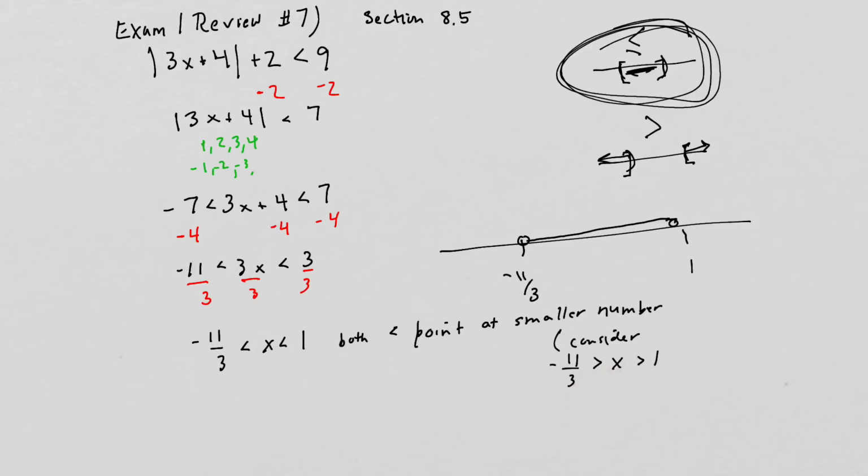Well, there are no x's that are smaller than negative 11 thirds and larger than 1. So both inequality symbols have to be pointing at the smaller value, or else you actually don't have any x's at all in your description. In interval notation, then, we'd say from negative 11 thirds, comma, 1, the endpoints of the section that we're talking about.